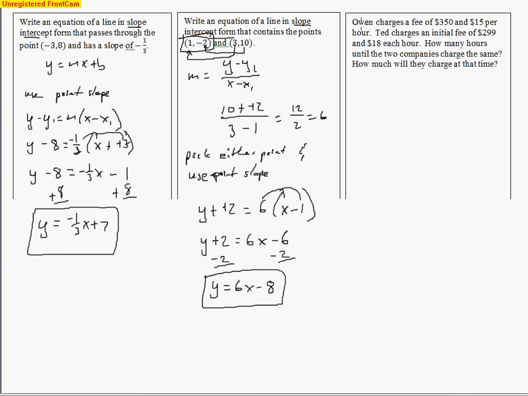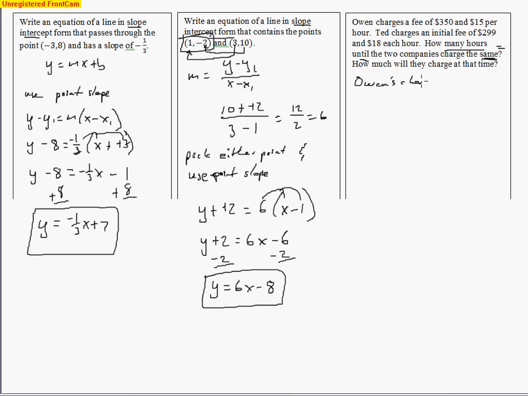It says Owen charges a fee of $350 and $15 each hour. Ted charges an initial fee of $2.99, and $18 an hour is what he charges. After how many hours will the two companies charge the same? Same means equal. So we want to write an equation for Owen's charge.